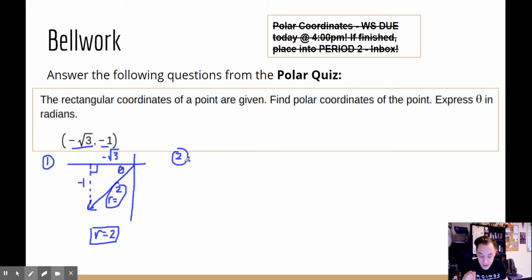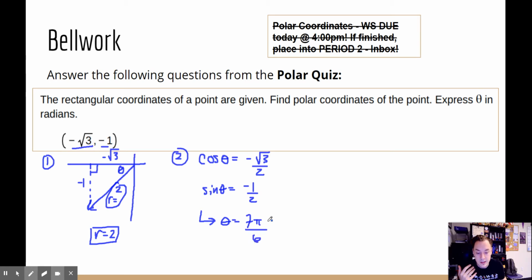Now the interesting thing is, just looking at this, you can really just look at your unit circle and see what angle measure this is. If cosine of theta equals negative radical 3 over 2, and sine of theta equals negative 1/2, all I have to do is look at my unit circle. I already know that this is going to be 7 pi over 6.